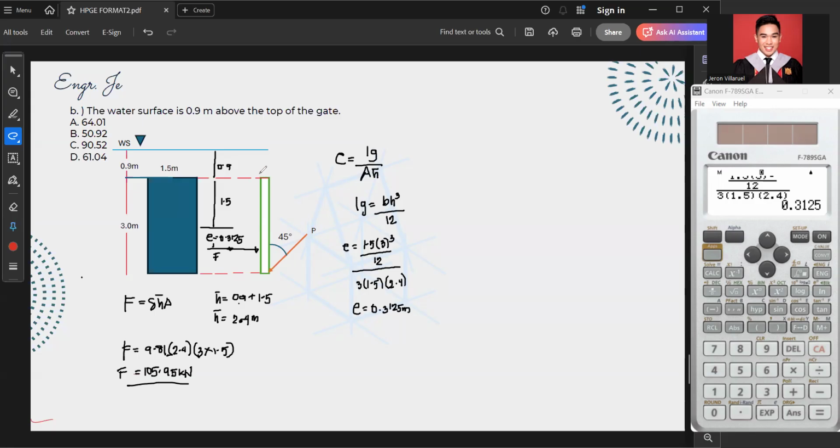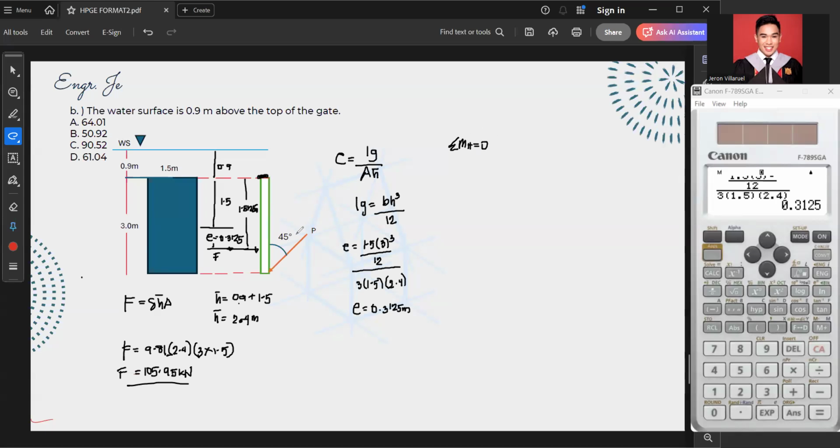So since this is the hinge again, this is 1.8125 meters. So we can do now our summation of moments from the hinge. That summation of moments from the hinge is equal to 0.